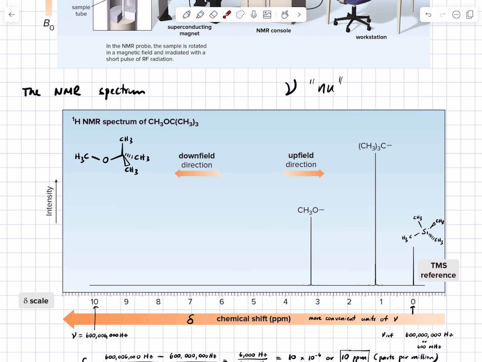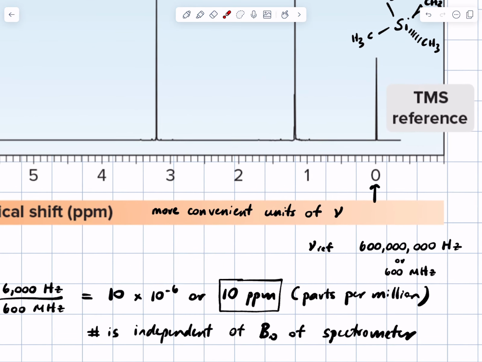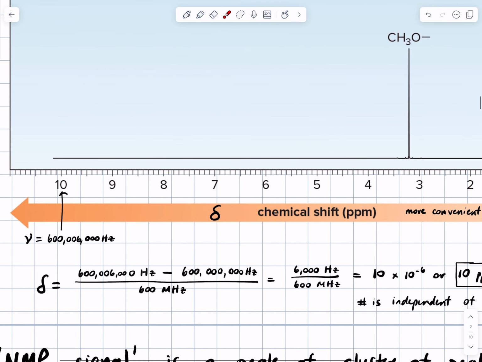Okay, so frequencies vary from around 600 megahertz to around 600,006,000 hertz. So it's sort of inconvenient to label axes like that, right? Because you just have too many digits.